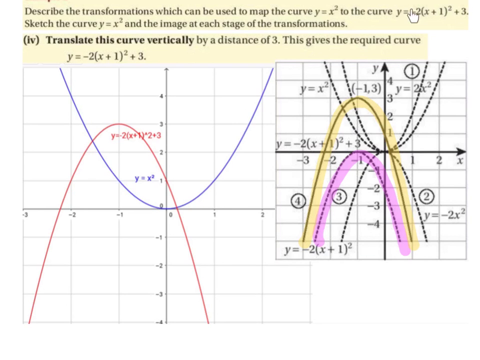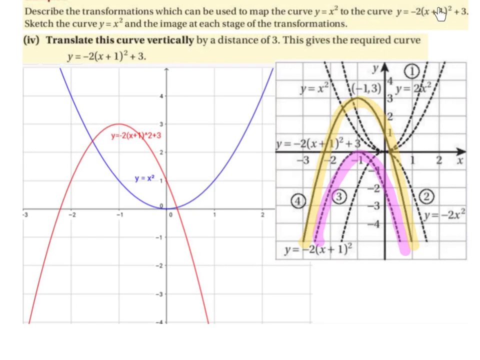If we have a look at our equation again, we started off with the 2 in front, so multiplying every y value by 2. So we started off with y equals x squared, and we went to y equals 2x squared. Then we took into account the minus in front of the 2, which means that we reflected it in the x-axis. So then we had y equals minus 2x squared.